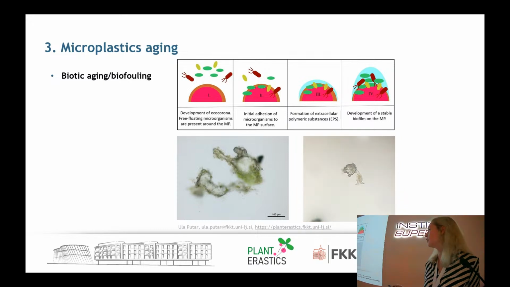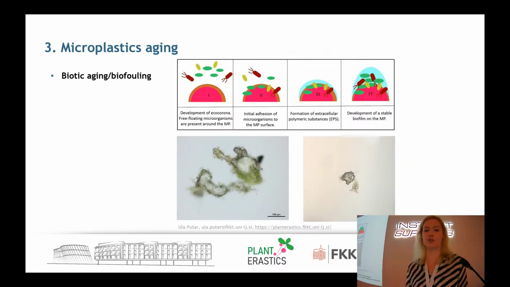This was actually a video from the optical microscope when we were taking these pictures. This rotifer was attached to this particle, just waiting for some algae to come near, and then it was eating them. It was quite interesting to see this rotifer attached to the particle.